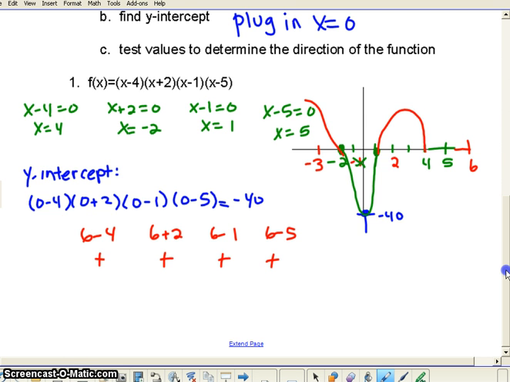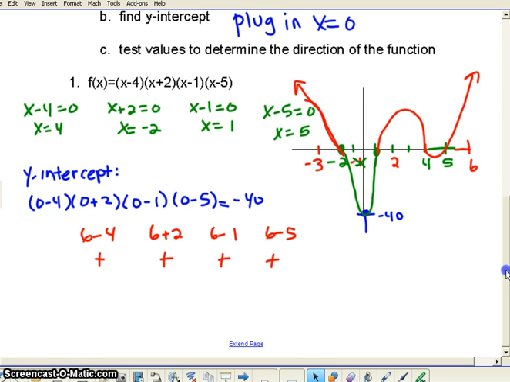So out here, all my points are going to be up high, right? So it's going to come up like that. And this one, I could make it more like that. So it kind of looks like a W in a way.